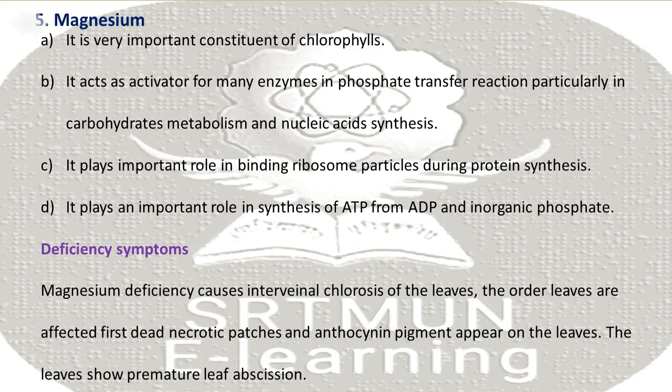Now, magnesium. It is a very important constituent of the chlorophylls. It acts as an activator of many enzymes in phosphate transfer reactions, particularly in carbohydrate metabolism and nucleic acid synthesis.